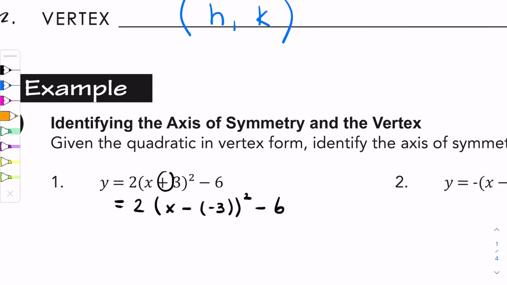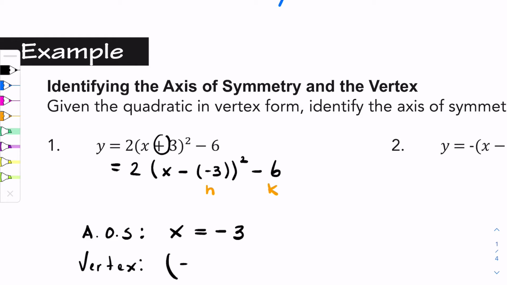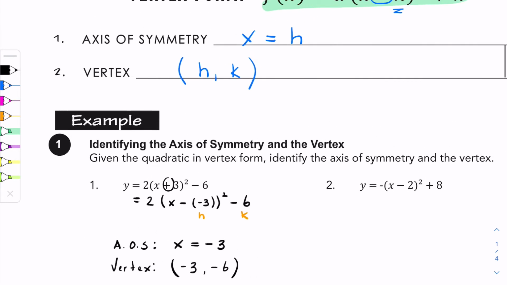So your h value is negative 3 and your k value is negative 6. The axis of symmetry is always found by x equals h. In this case, it's x equals negative 3. Your vertex is h comma k. Here we have negative 3, negative 6.